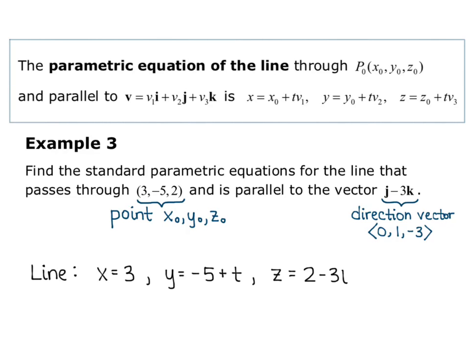And z equals 2 minus 3t, because my z0 is 2 and my k component has a negative 3. So these are the parametric equations of the line. To find points on the line, I would just pick different values for t and plug them in, and that would give me a bunch of points on the line.